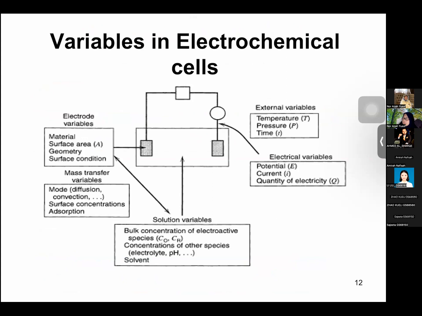You can see the surface area: if you have a large surface area, it means a lot of electron transfer will happen, and you will get good current, for example. Porosity, surface condition, geometry. So that's why we work on the characterization of the working electrode.